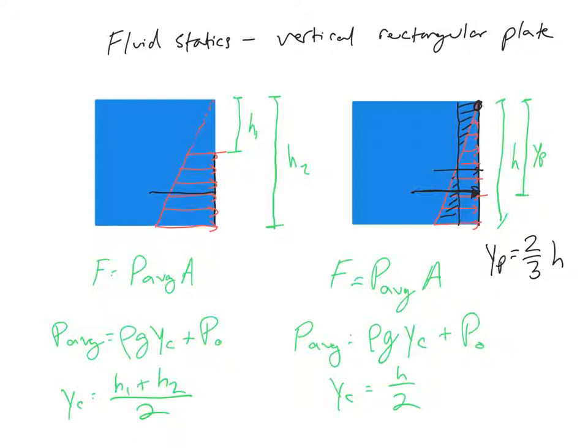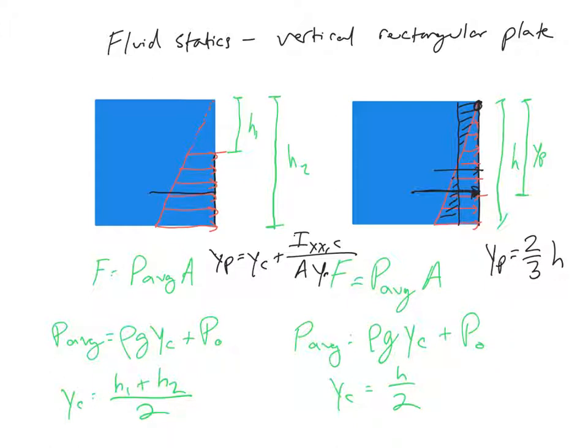Over here on the left side, the y sub p equation is more complicated. You're always safe if you use the equation for the general case that we talked about earlier, which was y sub p equals y sub c plus I x sub c over A y sub c. We also introduced an equation that you can use.